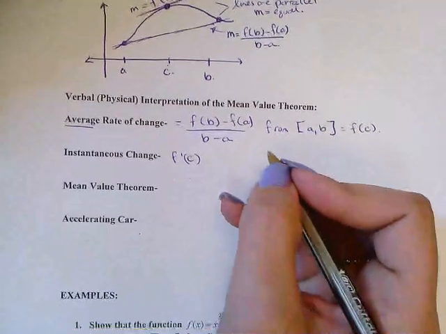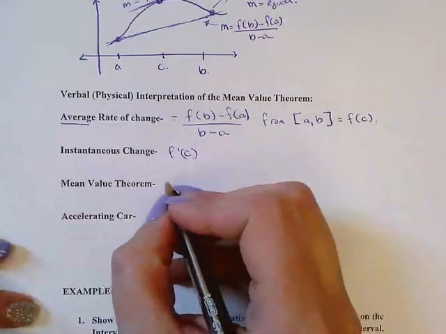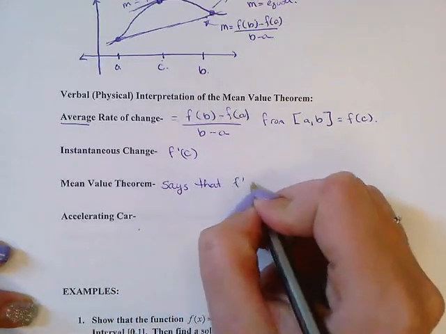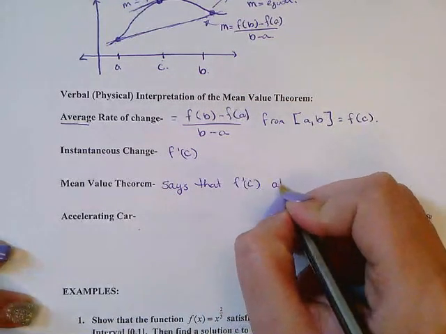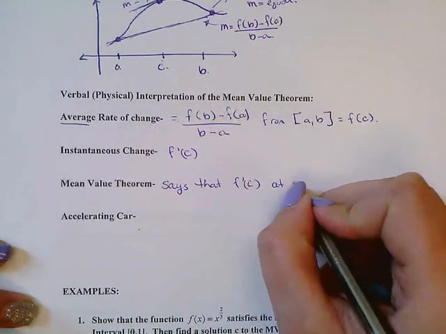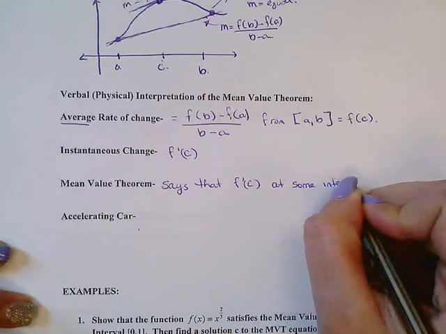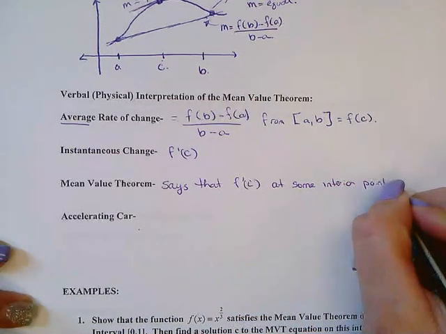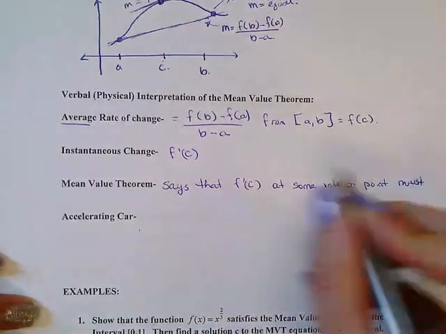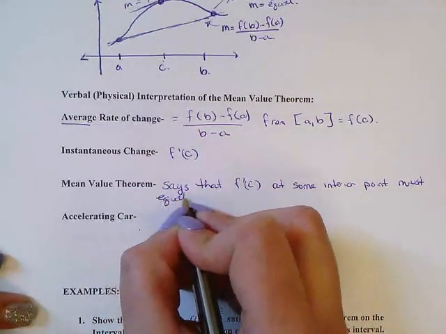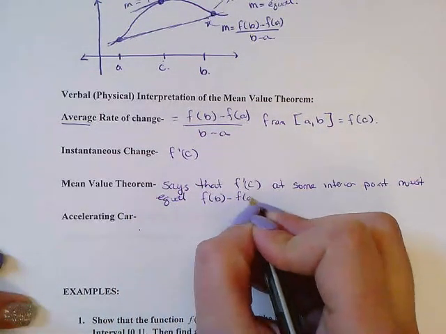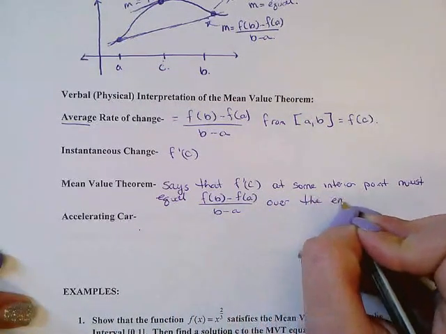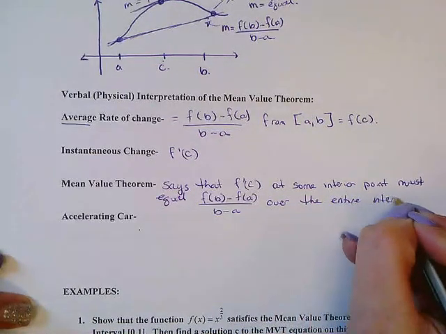And then there's the mean value theorem, which says that f prime of C at some interior point, so the slope at some interior point must equal f of B minus f of A over B minus A over the entire interval.